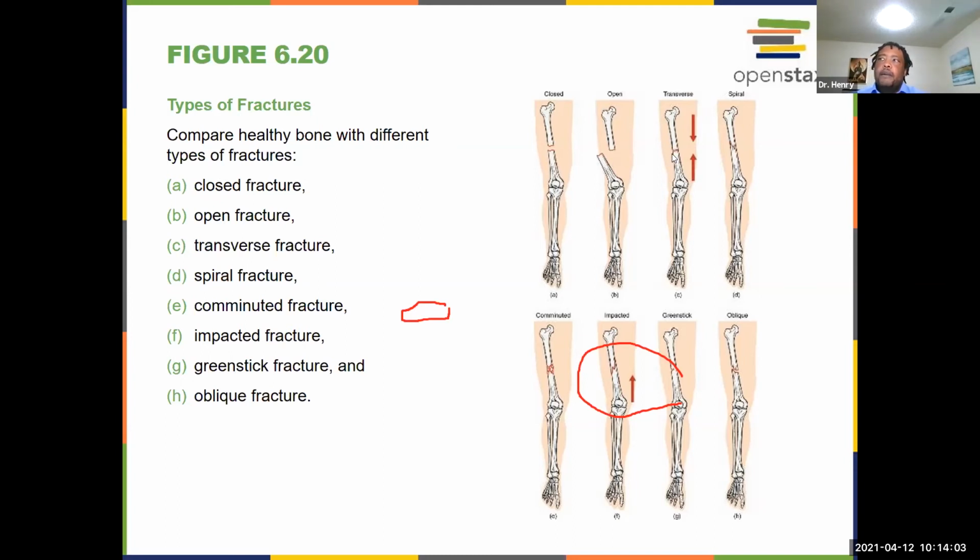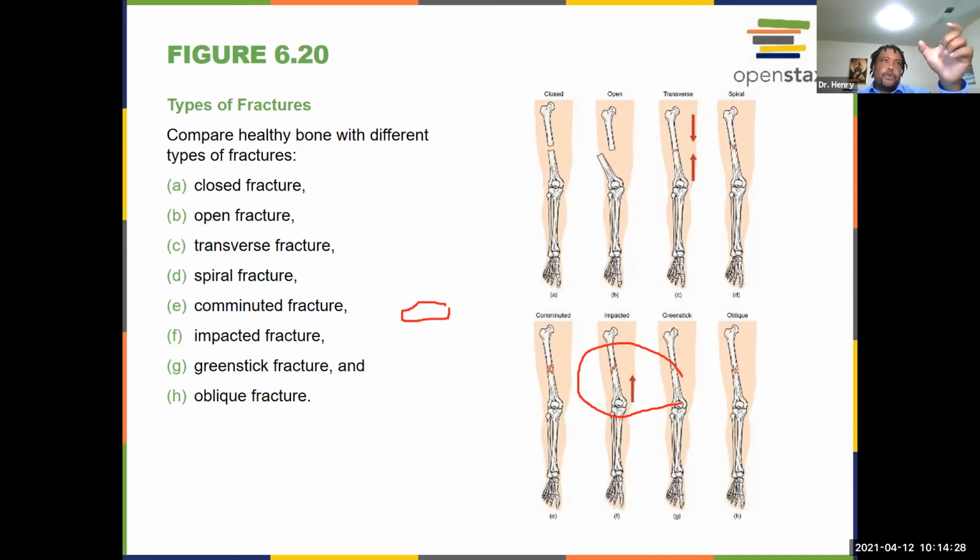Transverse fracture, basically you have the bone impacted upon itself, causing it to crack or to break. Spiral is kind of like a diagonal fracture.